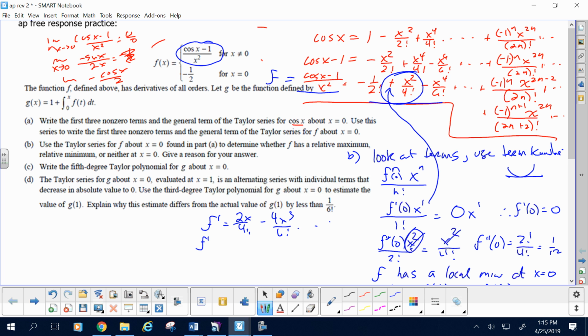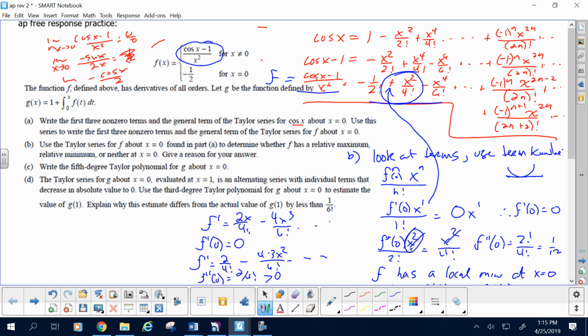So what about f prime at 0? It's 0. Now what about f double prime? If I took the second derivative of the series, it's 2 over 4 factorial minus 4 times 3x squared over 6 factorial. F double prime at 0 is 2 over 4 factorial. That's positive. You could do it that way.